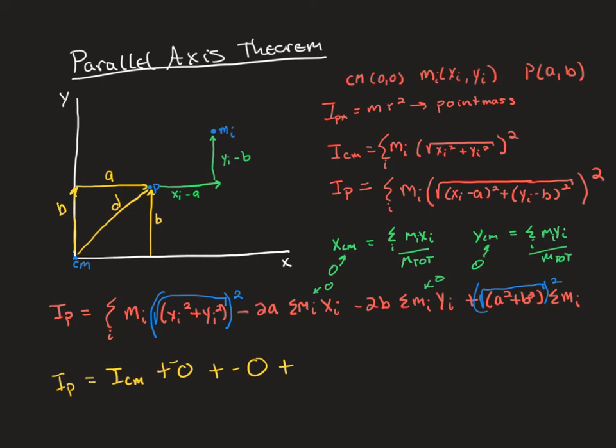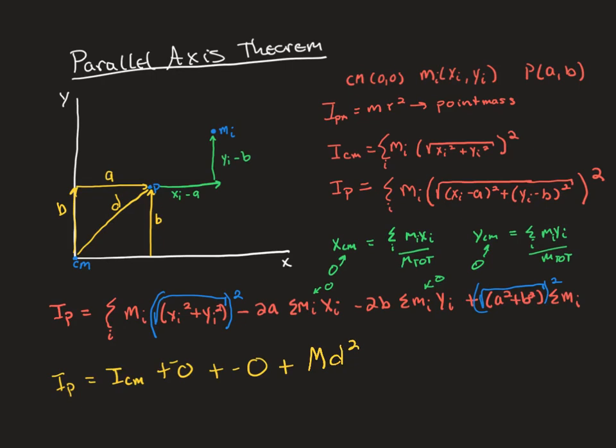Doesn't change anything, it's still the same length. But it's more clearly a right triangle here where D is the hypotenuse. So I can say that the square root of the quantity a squared plus b squared is the same thing as D. So the sum of the mass of all particles within the system is just going to be the total mass times D squared.